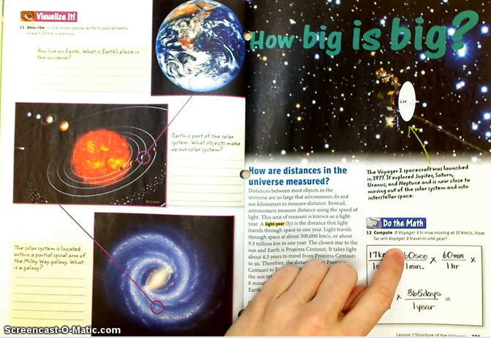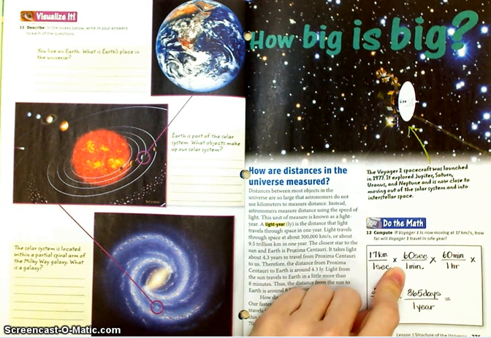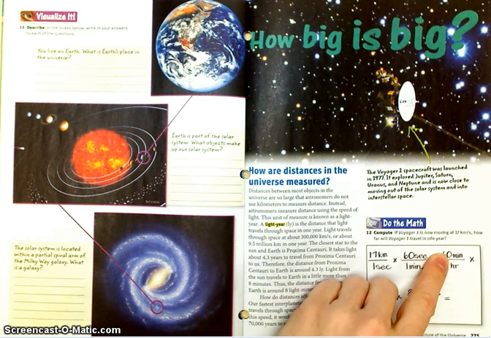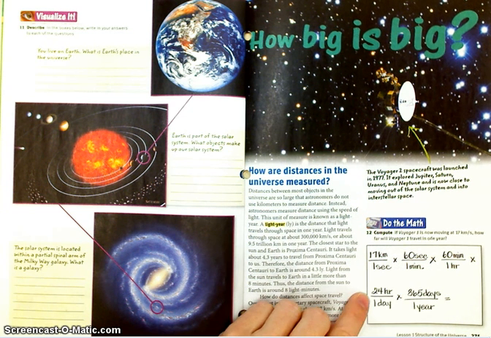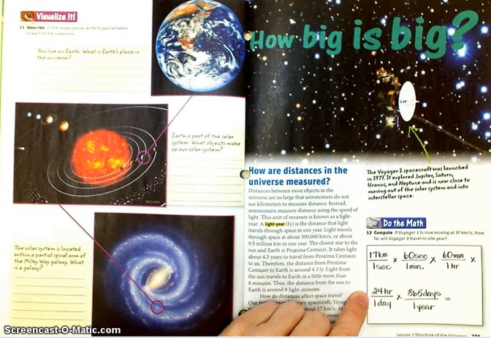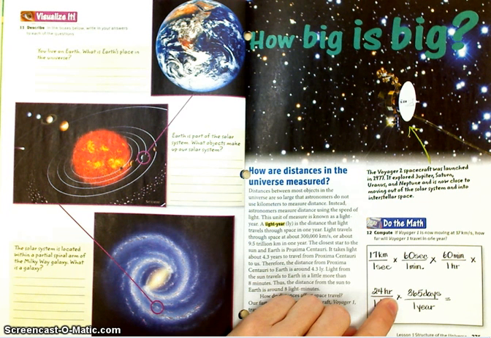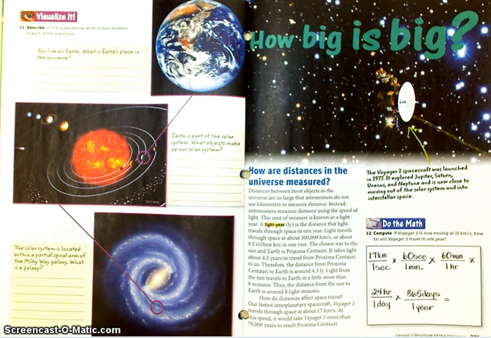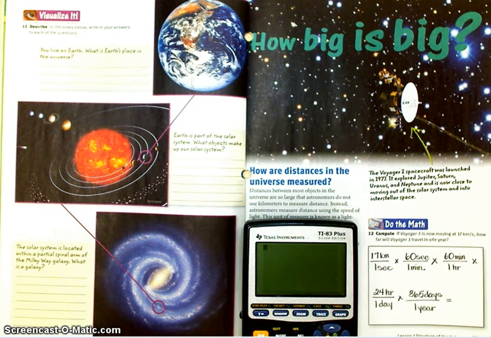There are 60 seconds in 1 minute, so I multiply by 60. There are 60 minutes in 1 hour, so I multiply by 60 again. There are 24 hours in 1 day, so I multiply by 24. And there are 365 days in a year, so I multiply by 365. So I take 17 times 60 times 60 times 24 times 365.